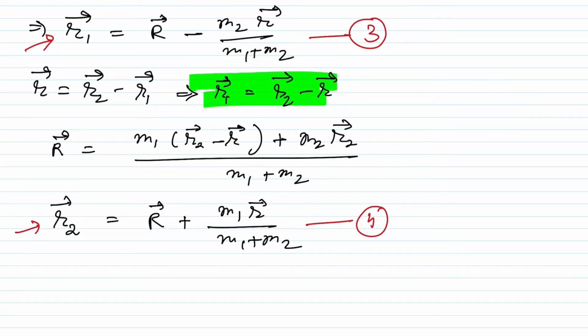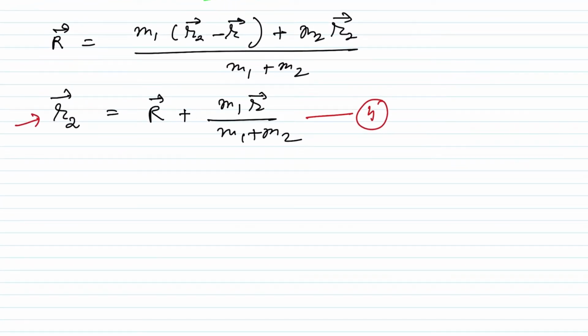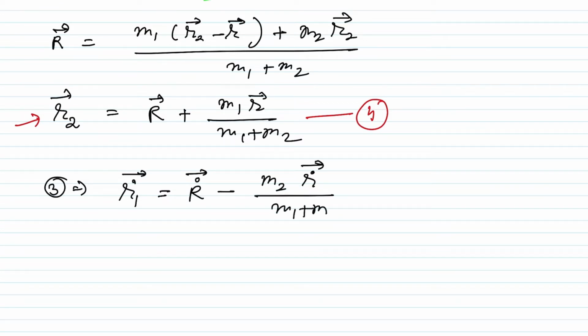If we find the derivative with respect to t of equation number 3, then we will get r1 dot vector is equal to capital R dot vector minus m2 r dot by m1 plus m2. I will give the equation number later.